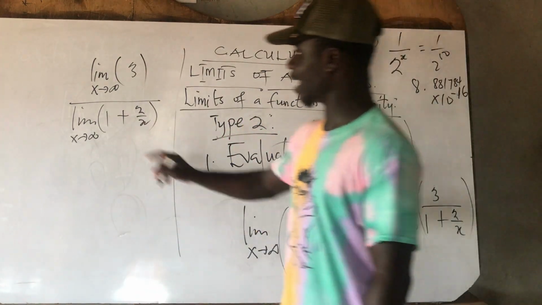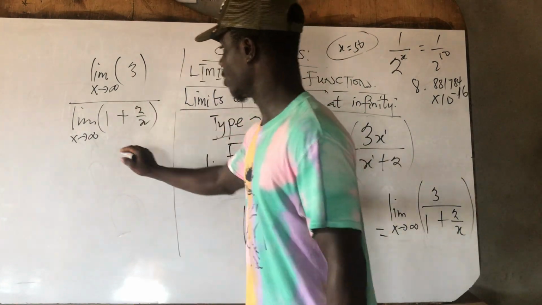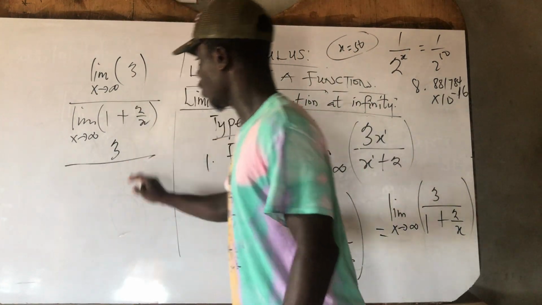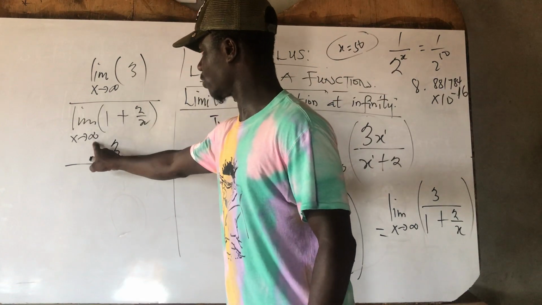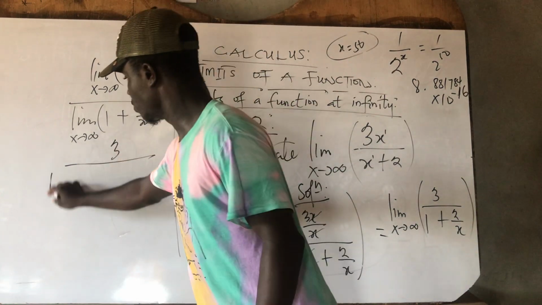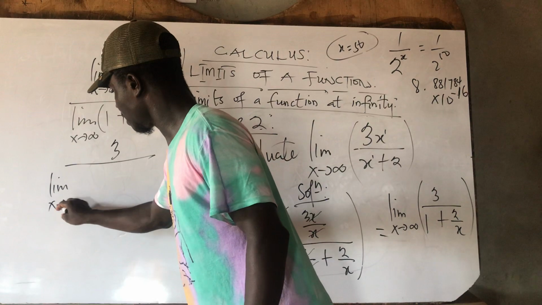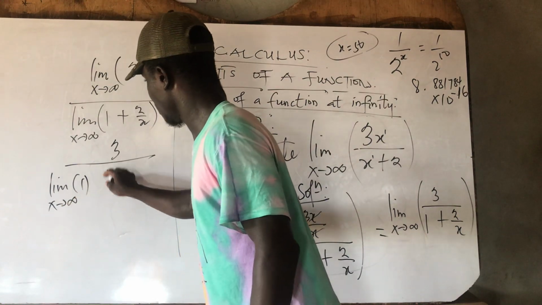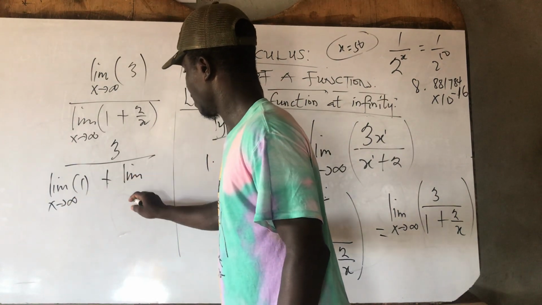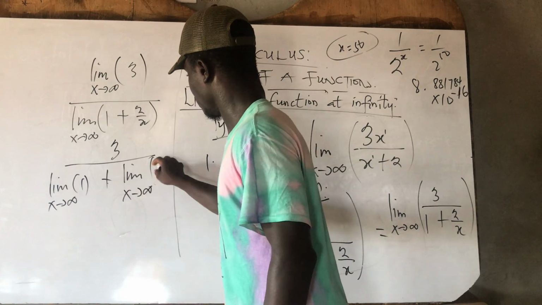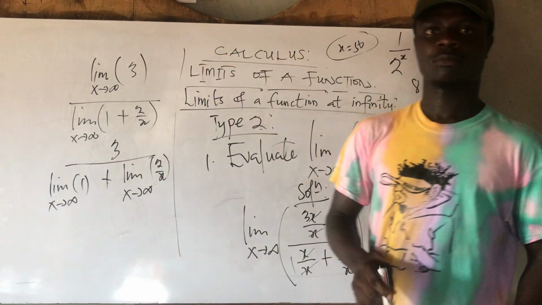The limit as x approaches infinity of 3, you know that is 3, all over the limit as x approaches infinity of this one, which will be the limit as x approaches infinity of 1 plus the limit as x approaches infinity of 2 on x.